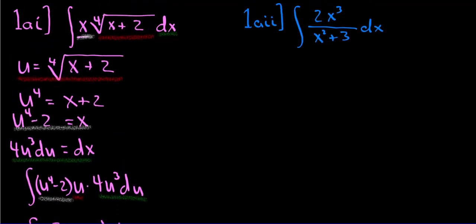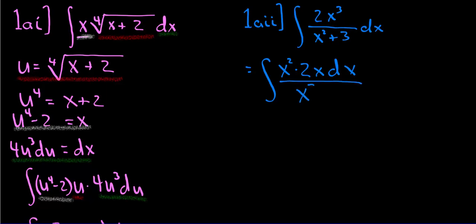Okay, now this other one. We also use substitution on this one. But what I'm recommending, the way we approach this, is let's go ahead and split up this top. Instead of 2x cubed, let's just call it x squared times 2x dx.